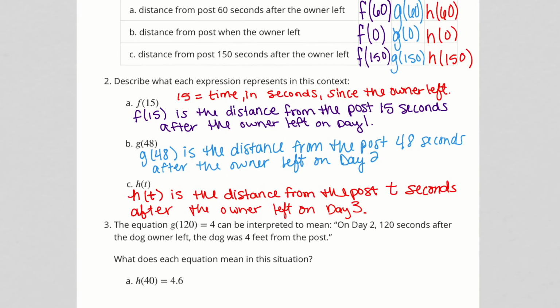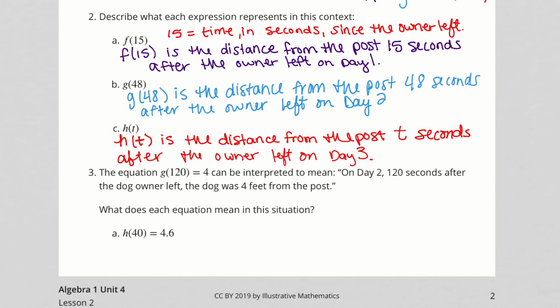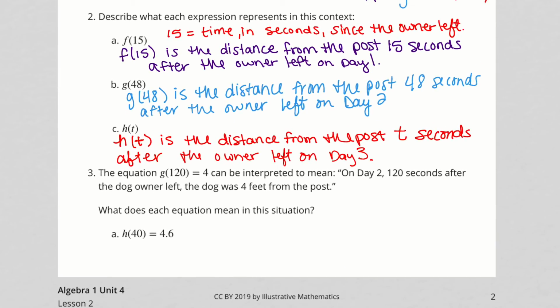All right, now we have the equation G of 120 equals 4 can be interpreted to mean on day 2, 120 seconds after the owner left, the dog was 4 feet from the post. What does each equation mean in this situation? So what day was H?